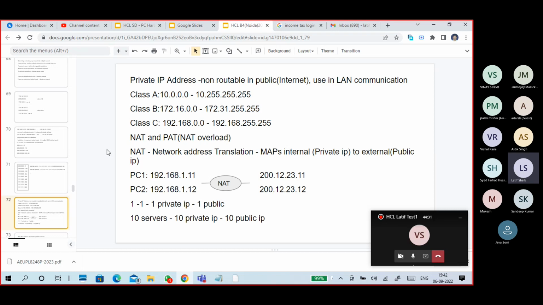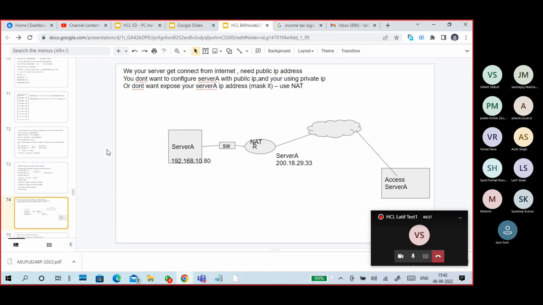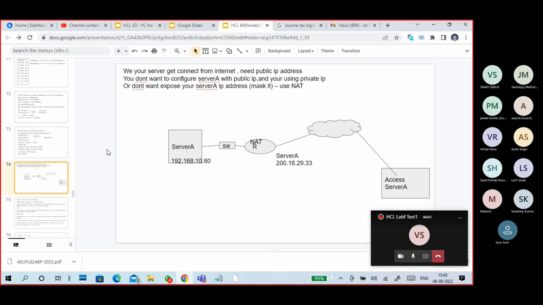So what is the use of this private IP? For example, you have a server A, and the IP address is a private IP.